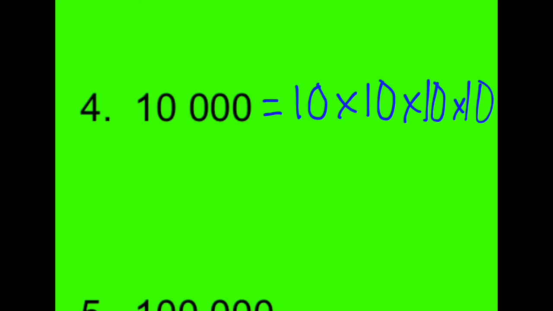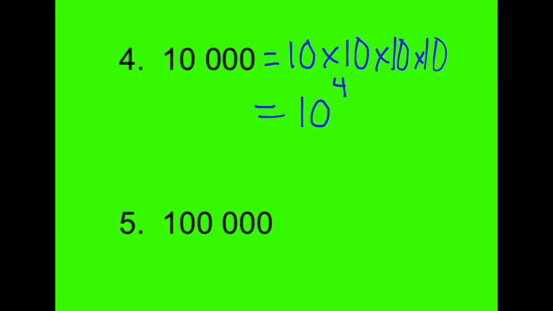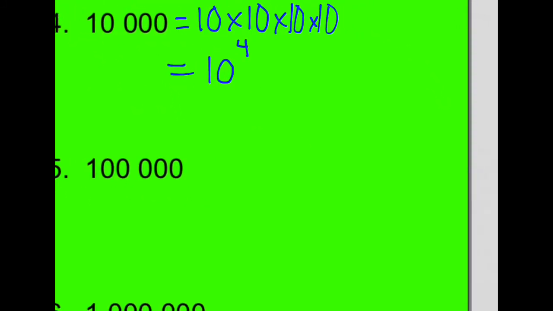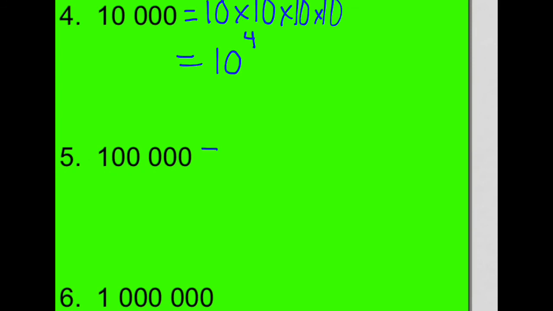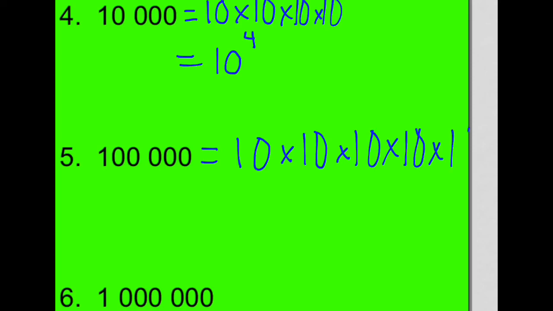As an exponent, that would be 10, and since there are 4 tens there, to the power of 4. Okay, I hope you're getting the pattern here. The next one, 100,000. 10 times 10 times 10 times 10 times 10. There are 5 tens there, so that would be 10 to the power of 5.